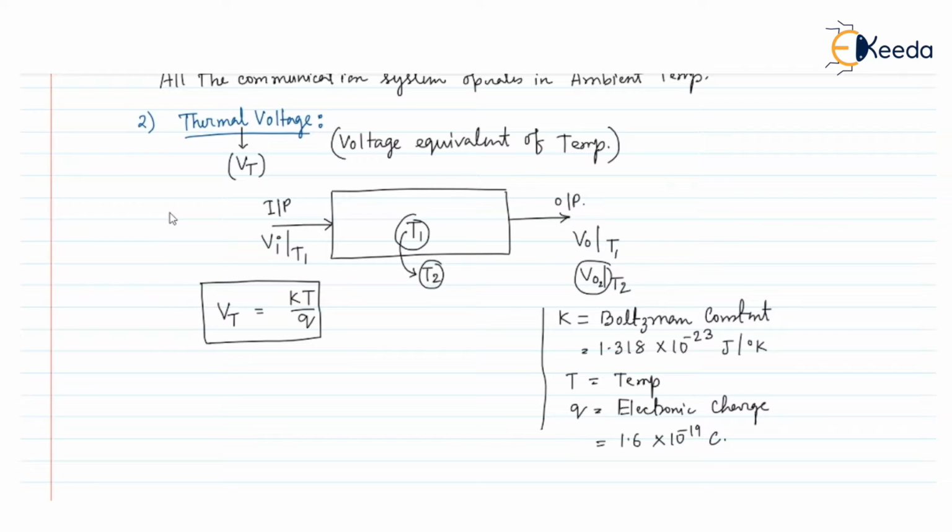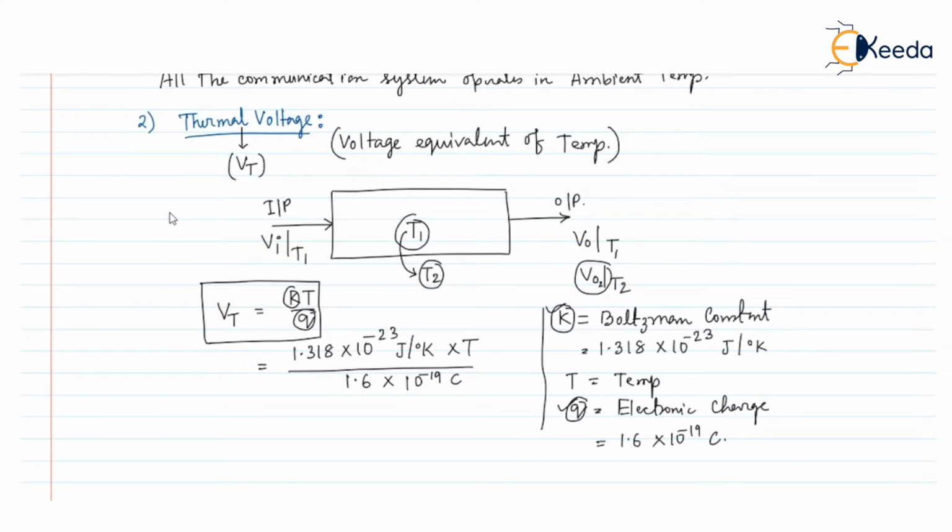Now, because Q and K are constants, if I replace the values of Q and K, it will turn out to be 1.38 into 10 to the power minus 23 joule per degree Kelvin into capital T, divided by 1.6 into 10 to the power minus 19 coulomb.